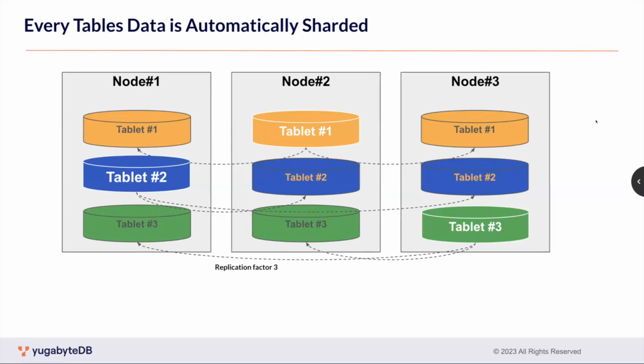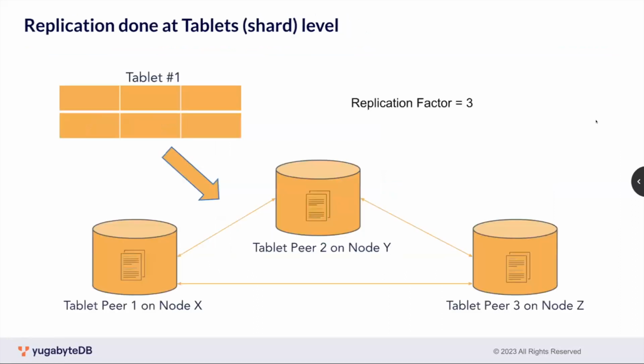For example, in this case, tablet one has a leader and two followers. Again, your tablets are across nodes, and in this case, it's a replication factor of 3. That means you have three copies of the data, one with the leader and the two others followers.